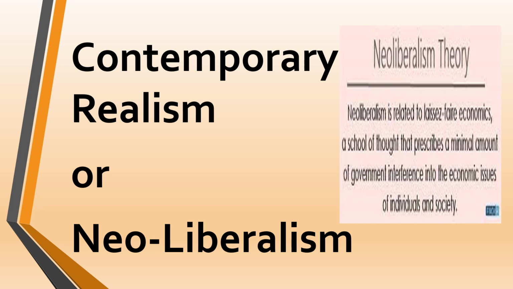Unlike the classical realists who trace the causes of war to innate human nature, the neo-realists tend to explain international conflict within the framework of the anarchic structure of the international system. This basically means that there is no overarching central authority to enforce rules and norms or protect the interest of the larger global community.